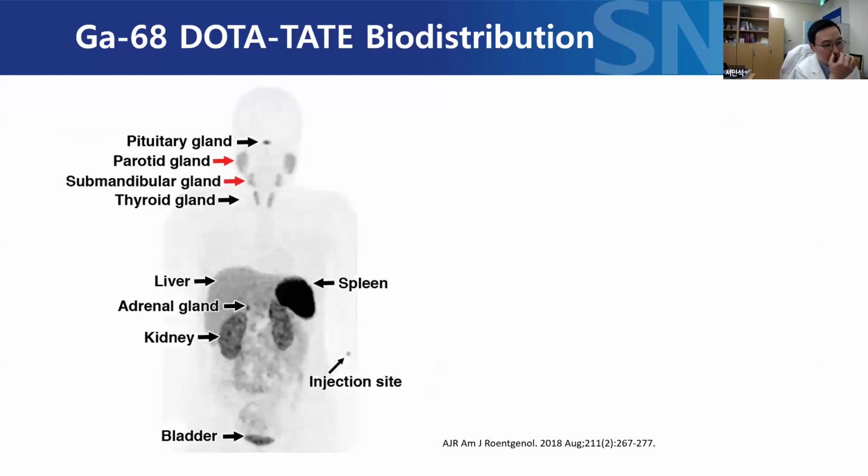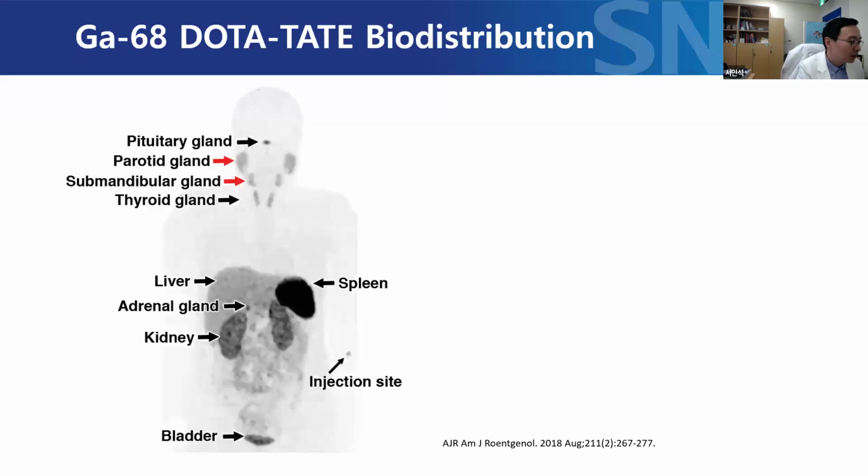So to answer, we need to understand the normal biodistribution of somatostatin analog PET tracers. In somatostatin receptor targeted imaging, significant normal uptake is seen in the pituitary gland, spleen, liver, adrenal glands, and urinary tract.